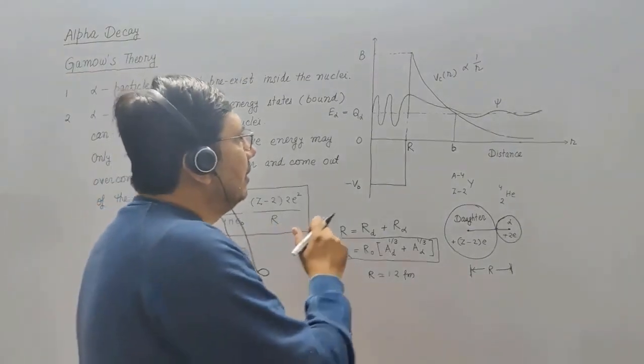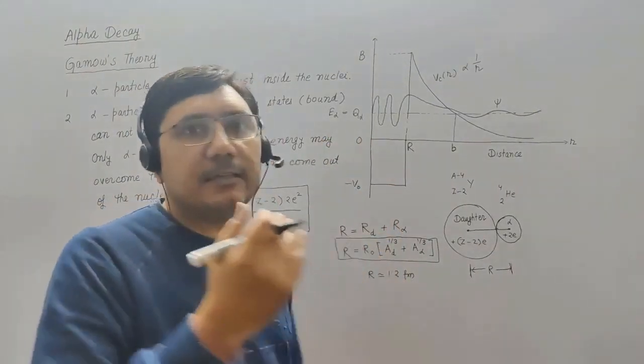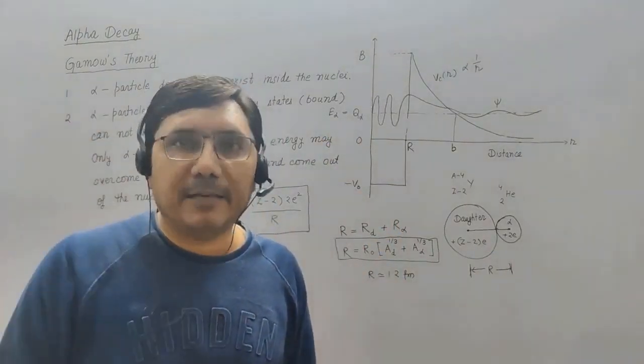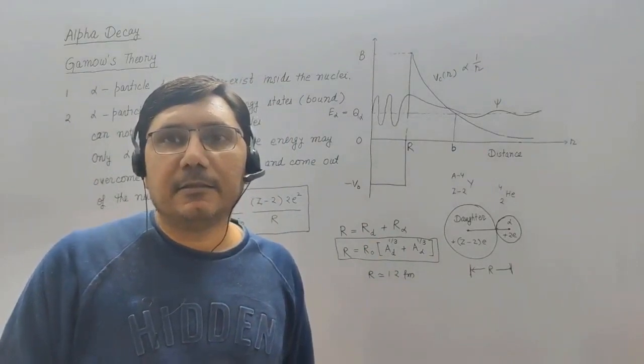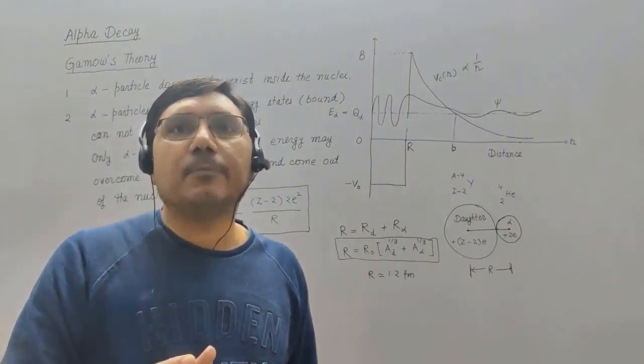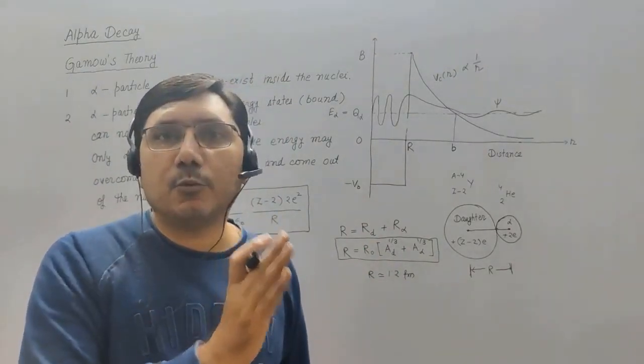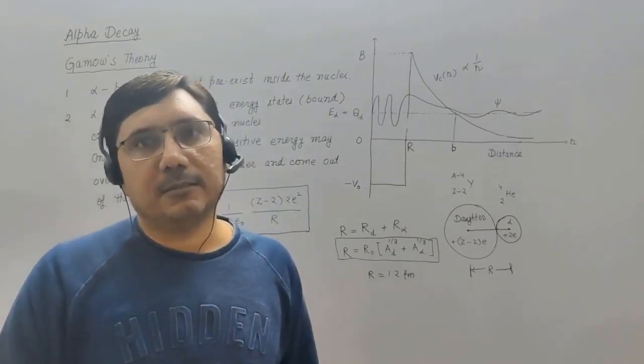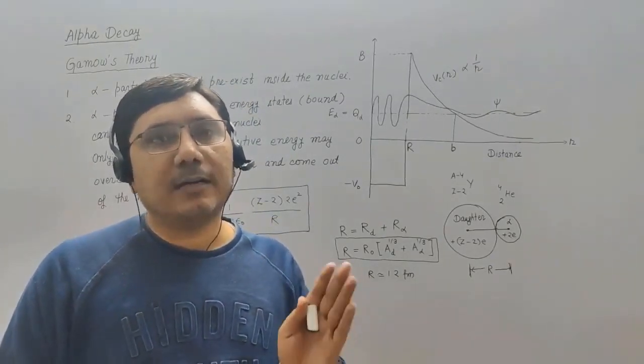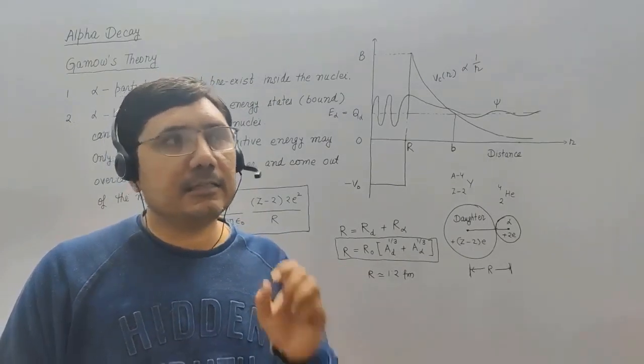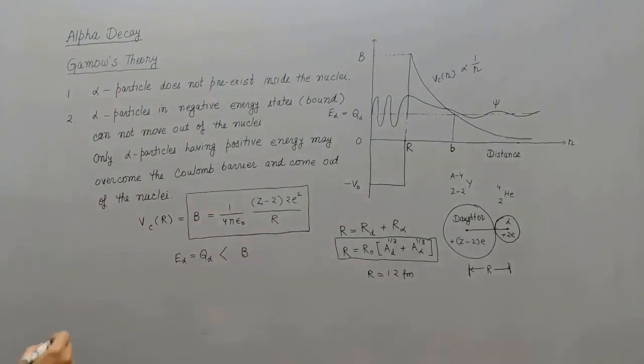If a particle has energy less than a barrier, then according to quantum tunneling phenomena, there is a certain probability.